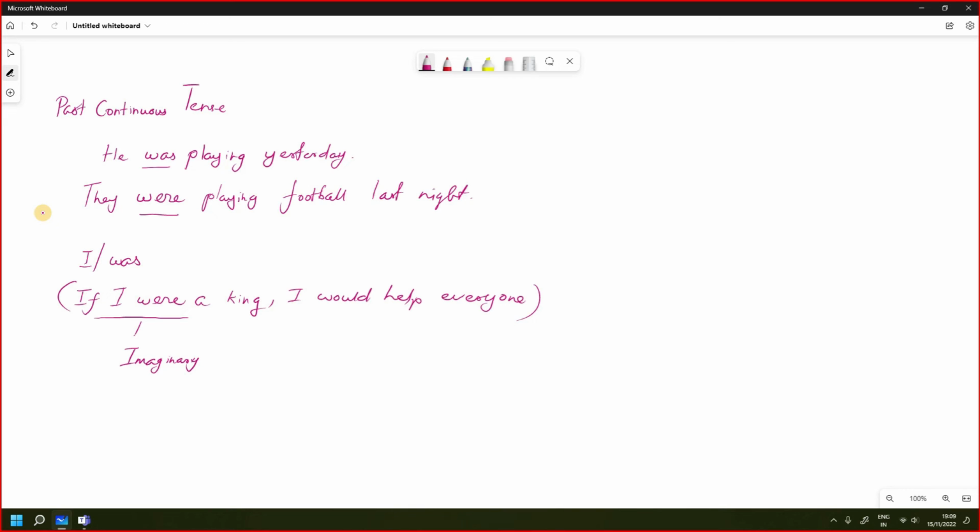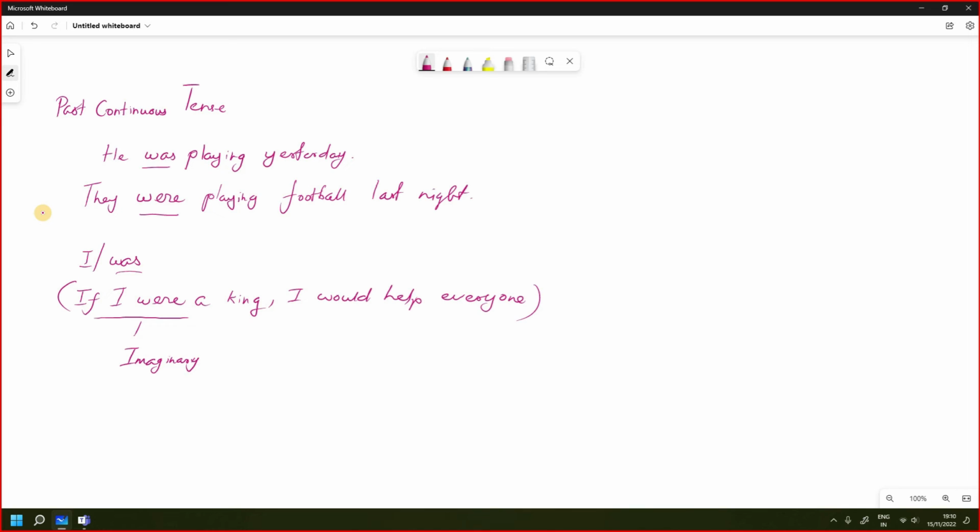So I'm just telling you, if a sentence like this comes up somewhere, and you say, sir, you told me I should use only was with I, but I saw a sentence where they use were with I. How is it possible? Now, according to grammar, there is a phrase. If I were is a phrase. So you can use if I were a queen, if I were a king, if I were a master, if I were God, something like that.